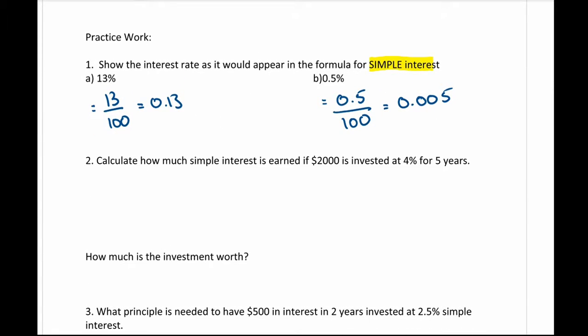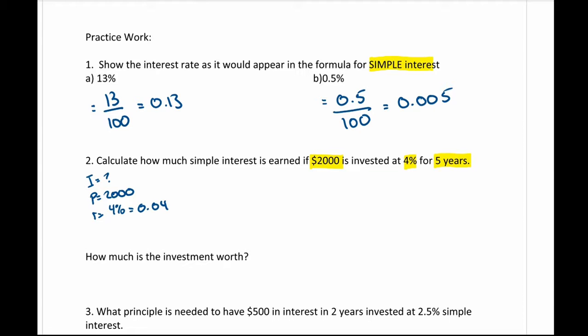2. Calculate how much simple interest is earned if $2,000 is invested at 4% for 5 years. So we're looking for how much interest is earned. Our principal, or what we're starting with, is $2,000. The rate is 4% for 5 years, so our R is 4%, which is 0.04.